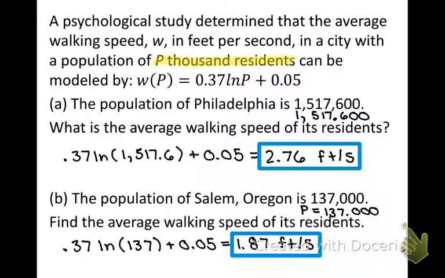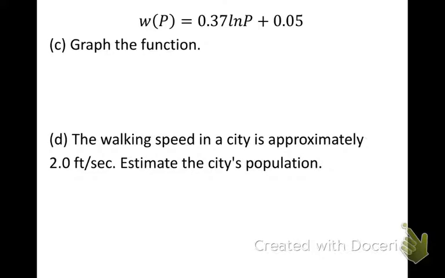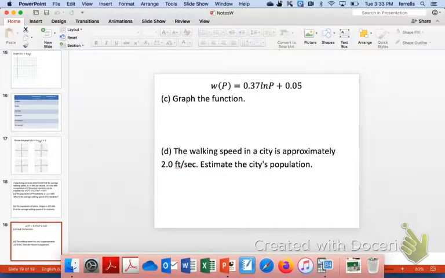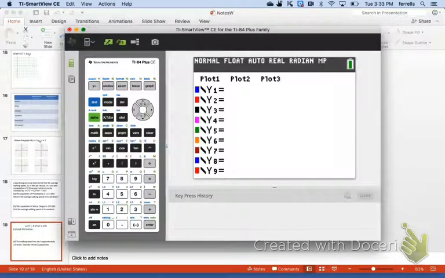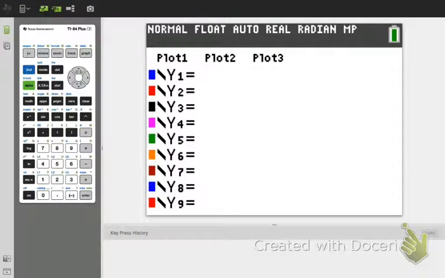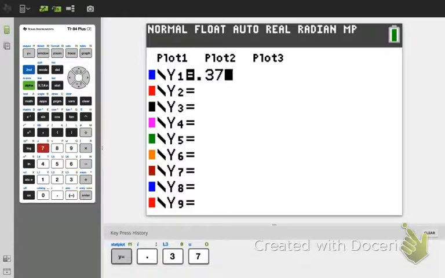Awesome. Now, the next part of this question asks me to graph this function. So, I'm going to switch over to my calculator now. Look how good I'm getting at this. Practice makes perfect, right? Okay, so over in y equals, I'm going to type in 0.37 ln.